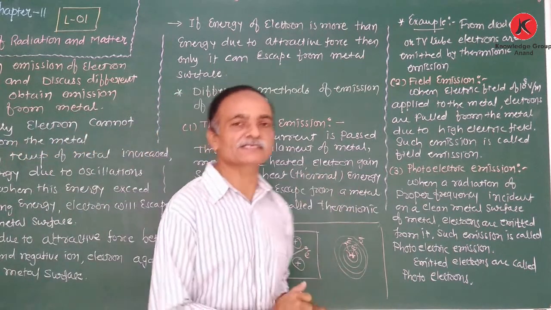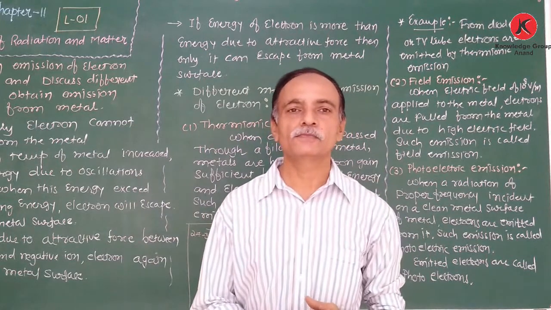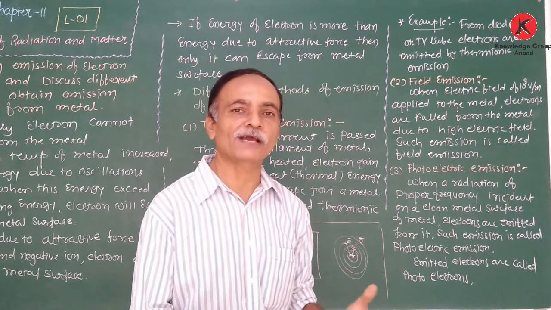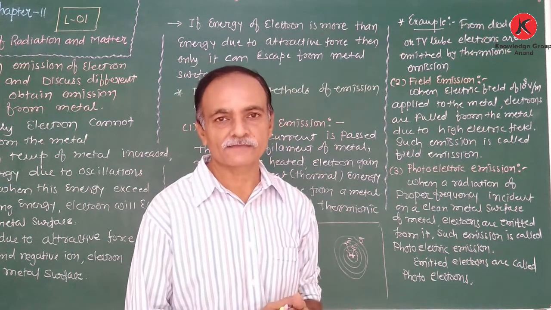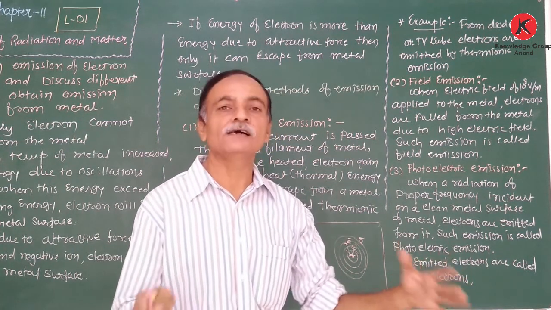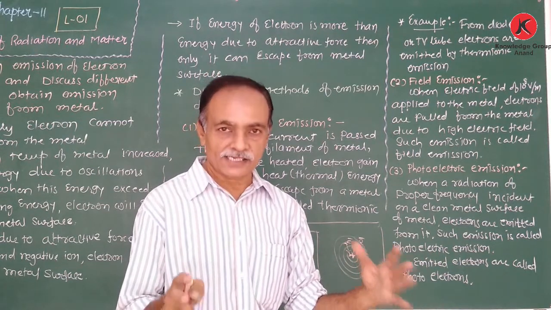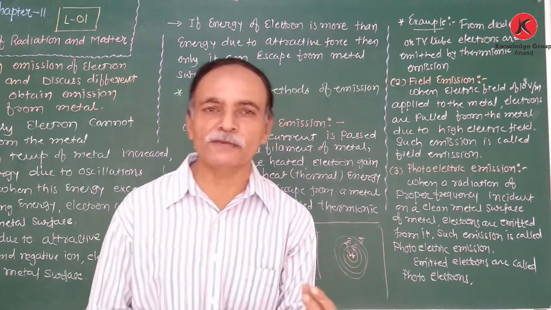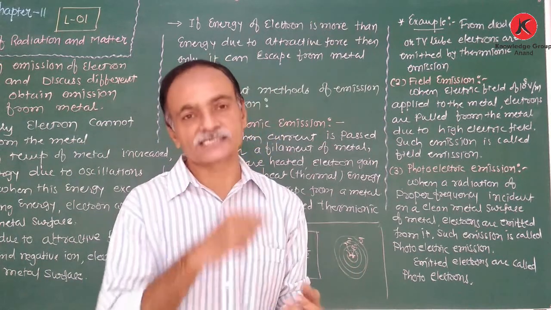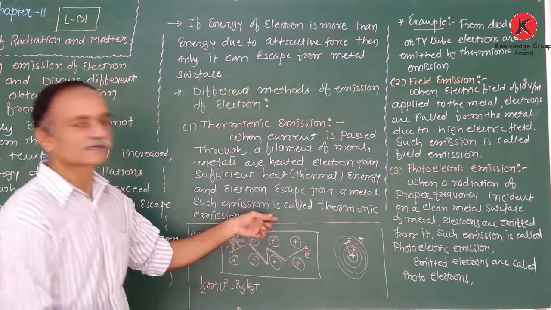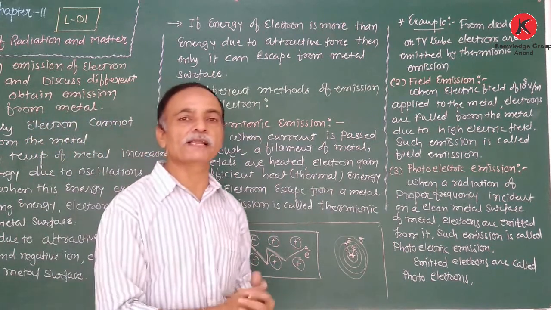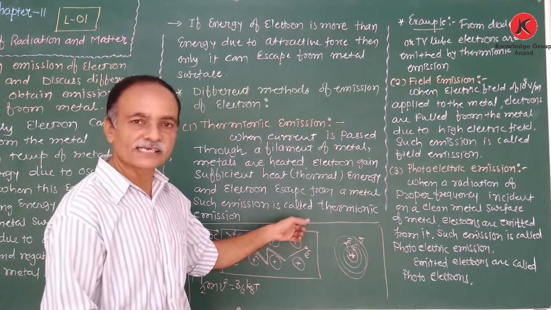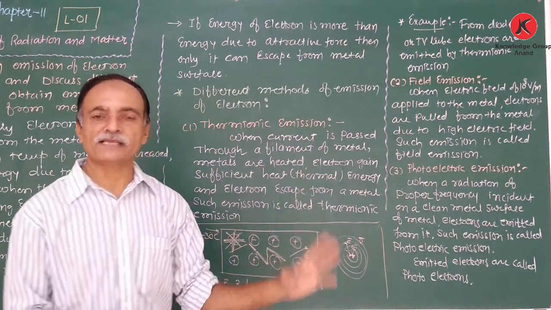So this type of emission takes place in a picture tube. Five or ten years ago, before we had LCD or LED TVs, we had the TV with the picture tube. As we switched it on, it took one or two minutes to display the picture. The reason is that when current passes through the filament, the filament is heated, and as a result the metal is heated.